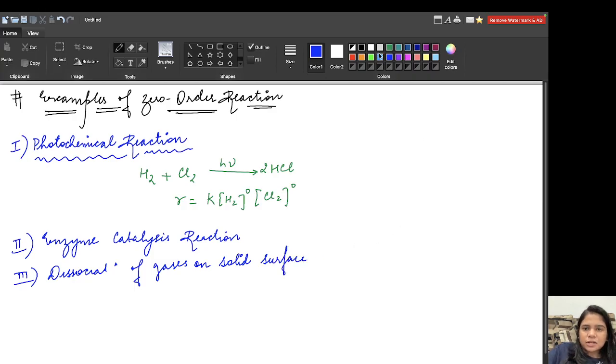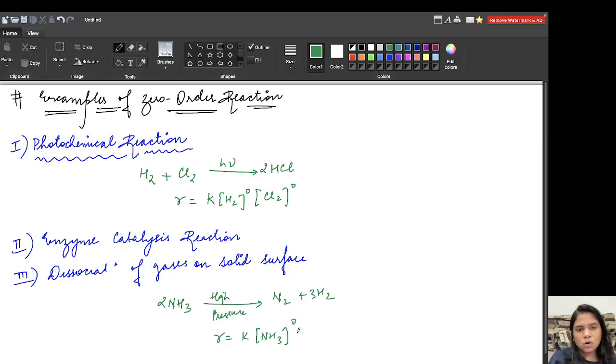At high pressure, for example, 2NH3 at high pressure is giving you N2 and 3H2. Here your rate will be equal to K NH3 raised to the power 0. So these are some examples of your zero order reaction.